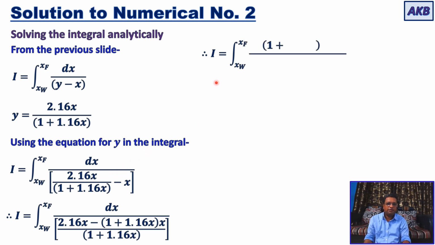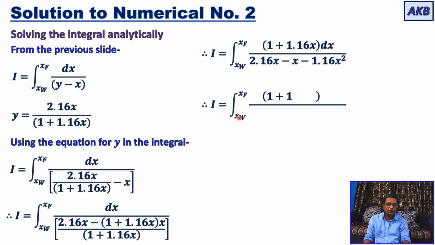Further, I will be equal to integration from xw to xf. Again, after simplifying, the next step for this will be (1 plus 1.16x) divided by (2.16x minus x minus 1.16x square) dx. So I have simplified the term in the denominator.